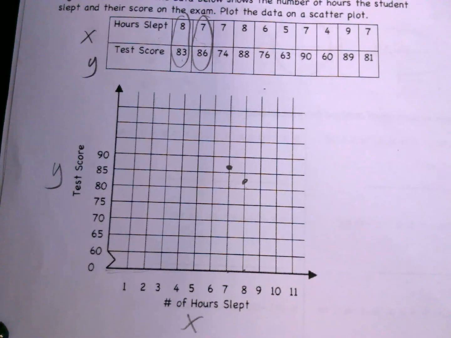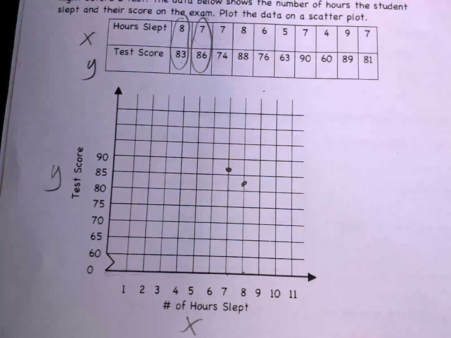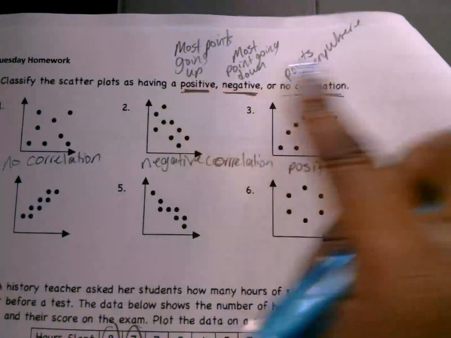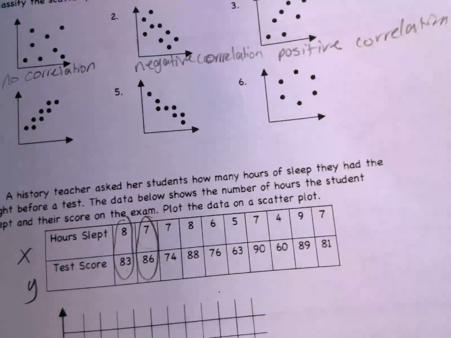After you graph the ordered pairs, you're going to write, is it a positive correlation, negative correlation, or no correlation based on the description that we wrote up here. Any questions about the homework? All right, good deal. Now you can put this in your folder, so I don't have to make a homework help video. That is the homework help.